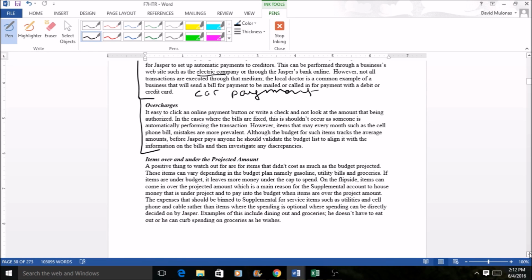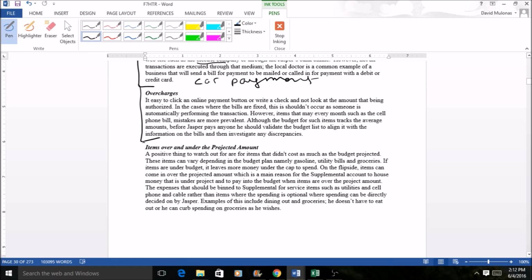Some other things about monthly payments are items that are over and under the projected amount. So what we're saying here is you have to understand, when you create a budget, there are going to be items that are predicted rather than fixed. Even though we're going to make every item in the budget fixed, those are projected things. A car payment, again, like up here, we know that, for example, $300 is going to come out every month.